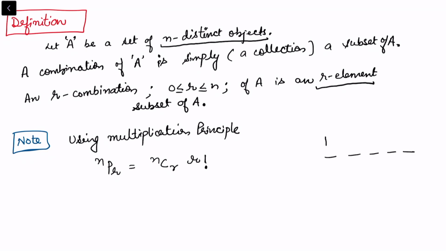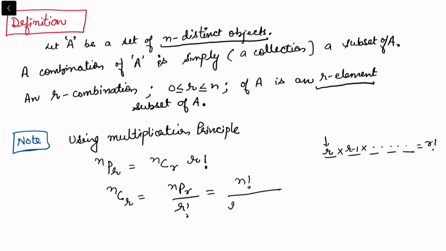For the first object there are R possibilities, for the next we have R minus 1, and we continue. We know these are distinct, so this becomes R factorial. So NPR is the same as NCR times R factorial. So NCR is the same as NPR divided by R factorial. Hence we derive the formula n factorial upon R factorial times n minus R factorial, where R lies between 0 and n.